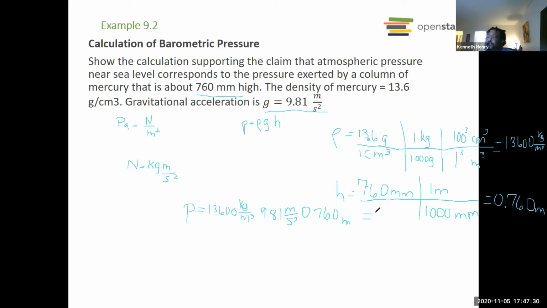Okay, what do you guys get? It's 1.01 times 10 to the 5 pascals.